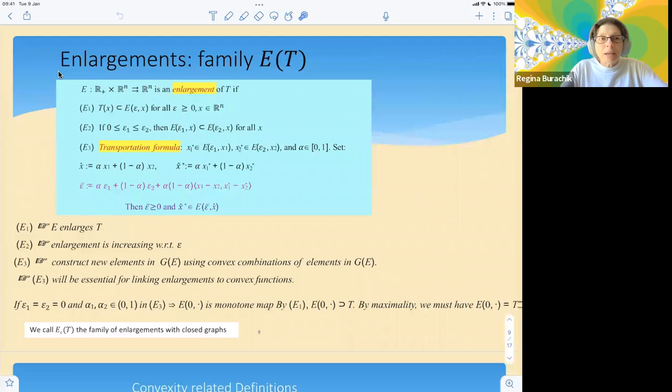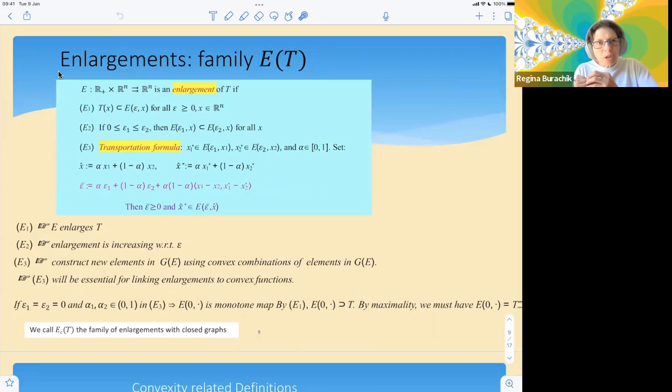So it is important in terms of the structure of the graph. So what is the structure that we want to have in the graphs of these enlargements? This third condition, which is called the transportation formula, is telling you what is the structure we are looking for. And it's also the link with convexity, with convex sets. I hope I will be able to tell you this in the few slides that are left.